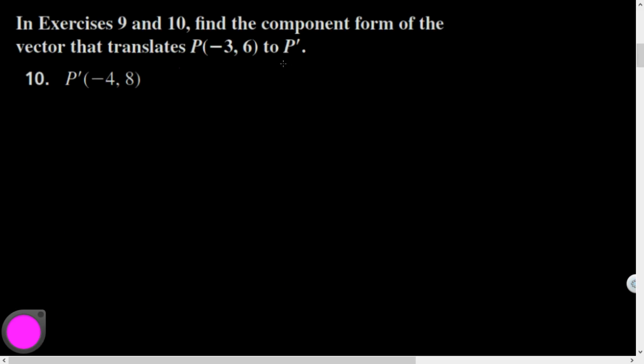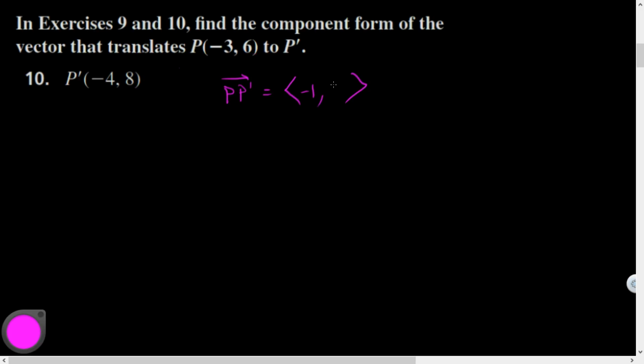All right, here we go. It says find the component form of the vector that translates from P to P prime, and here they gave us P prime. So the vector PP' is going to be component form. Let's see, what happened to the x coordinate here? It went left 1, so I'm going to call that -1, and then for the y coordinate, up 2.